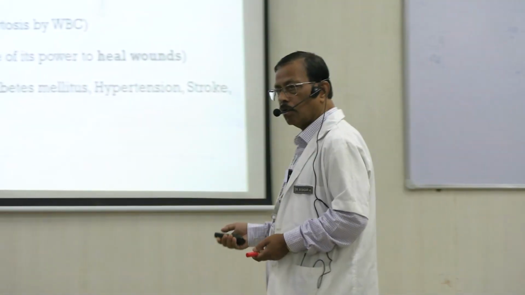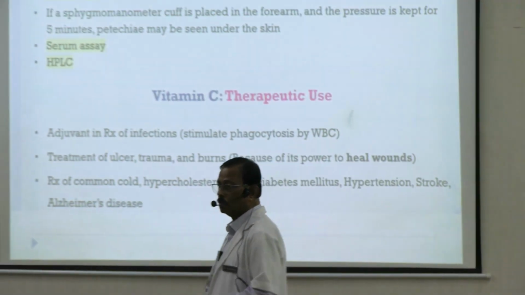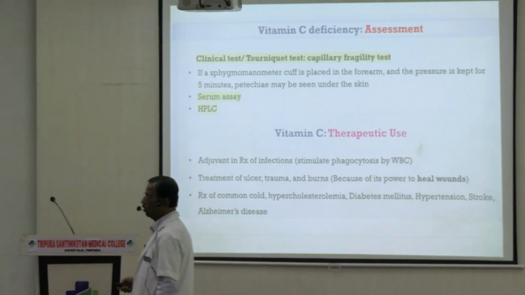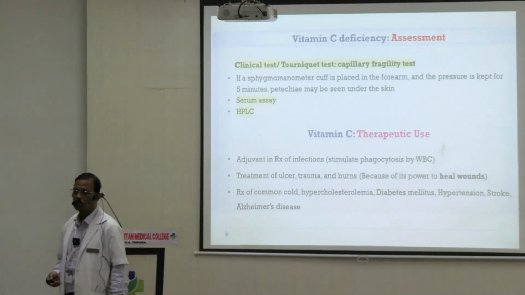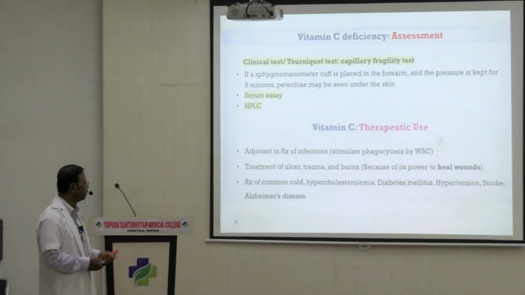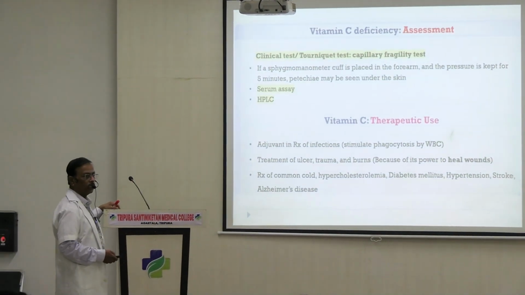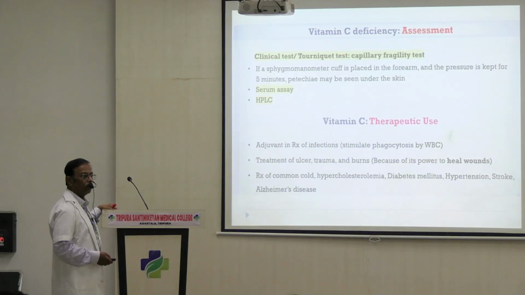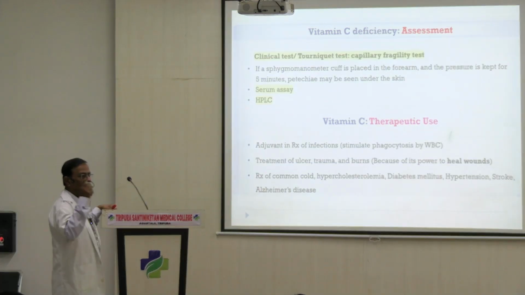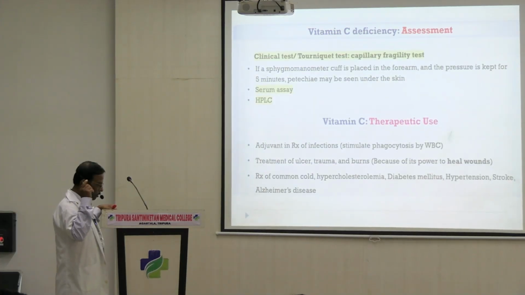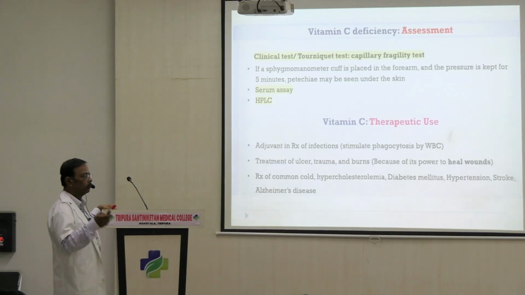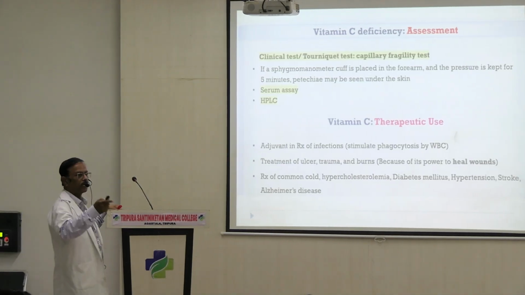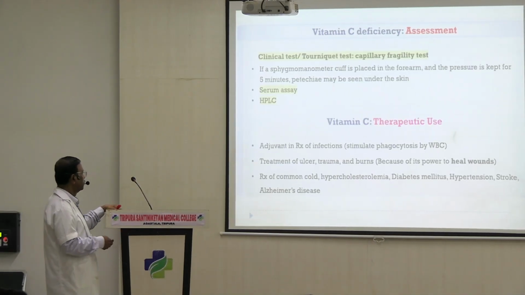So there we give vitamin C just to help them with the antioxidant property of vitamin C, so that there is no oxidation of brain matter, and that is prevented.